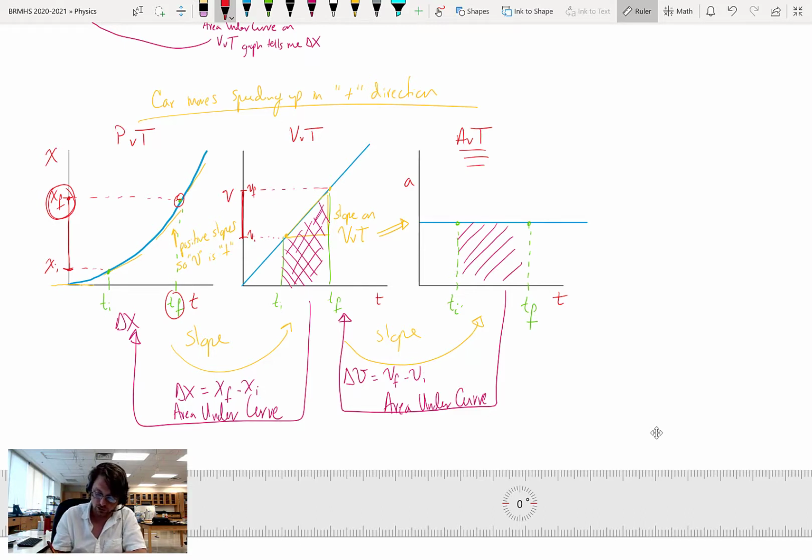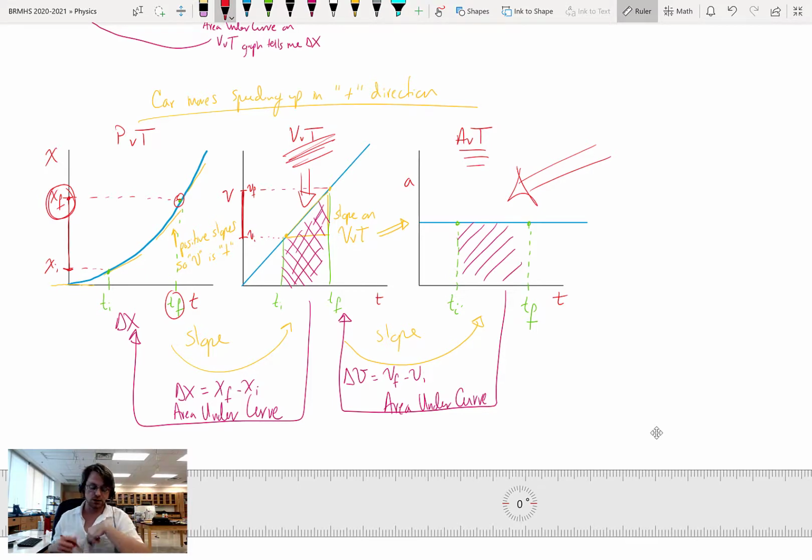If we start over here on the left with acceleration versus time, finding the area under the curve takes us back and tells us change in velocity. Not velocity, change in velocity between 2 points in time. From velocity, I find the area under the curve. That takes me back to the left once again to not position, but change in position between 2 points in time.